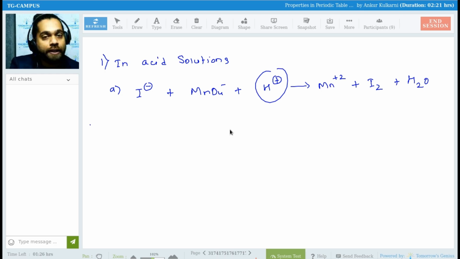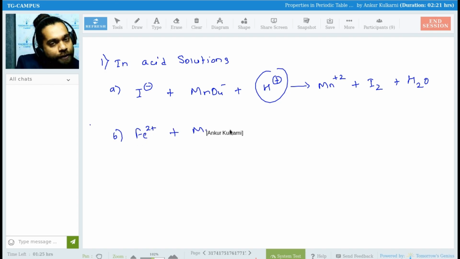Now, over here I have taken I minus. Similarly, let us take Fe2 plus. Fe2 plus will oxidize to what? We have seen, what is the other common oxidation state? If I oxidize Fe plus 2, what will it go to?